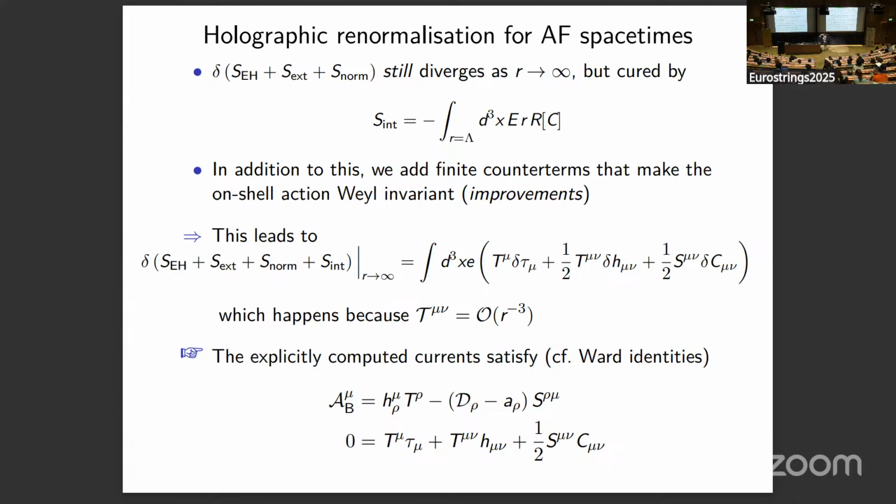In addition to that, we can introduce improvements via finite counter terms that endow these responses with certain properties that we like. So once we do that, add a suitable intrinsic counter term, which is reasonably complicated, but it can be done. It looks annoying, so I don't write it. But once you do it, you find that the full variation, as you go to the boundary, takes this form. And what is a little bit special, and what you should really appreciate here, is that this funny term appears.